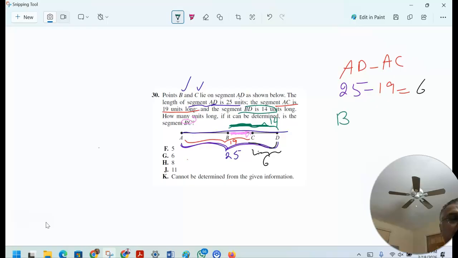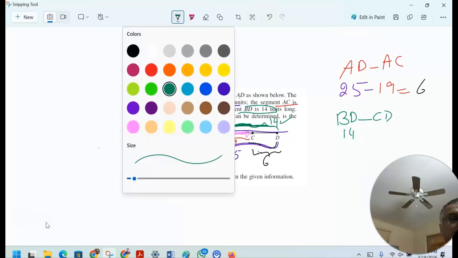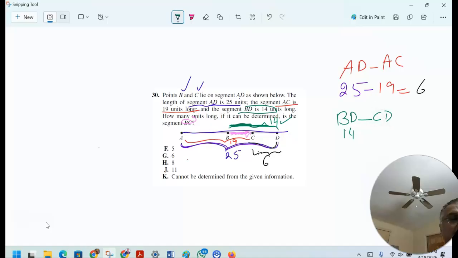If I subtract from BD, which is 14, the black color, which is CD, so minus 6, that will give you the pink color, which is BC.